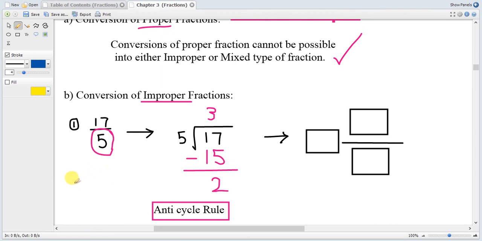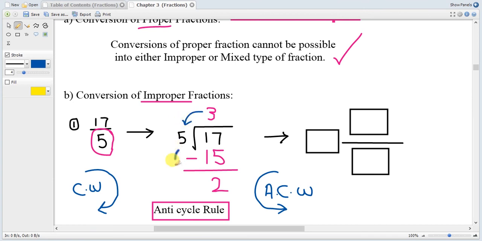You know that the clock always moves in one direction, called the clockwise direction, and the opposite of it is called the anti-clockwise direction. So we have to move these numbers in the anti-clockwise direction, starting with the quotient.